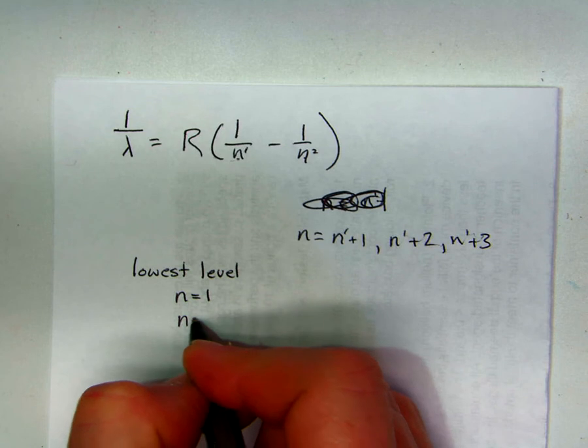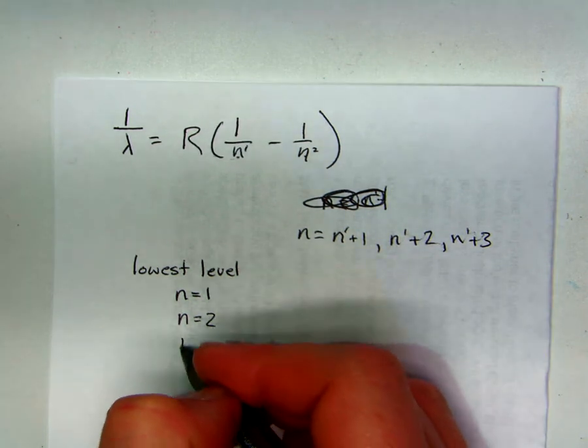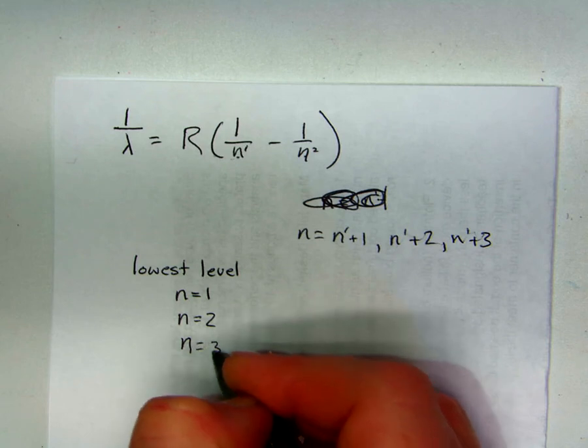So our lowest level is N is 1, N is 2 is the next, N is 3.